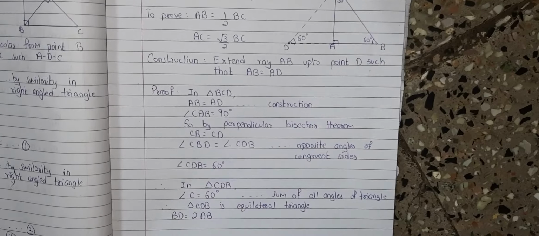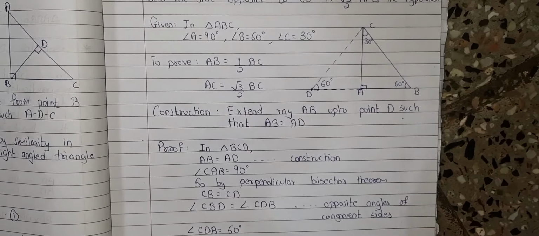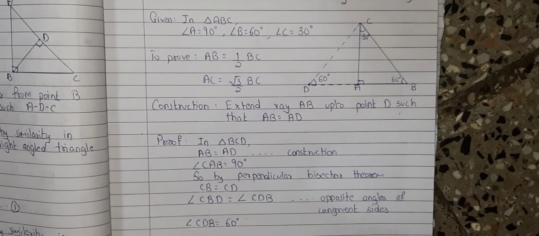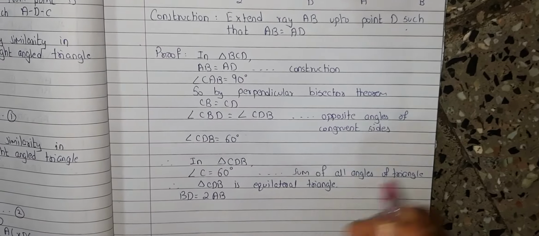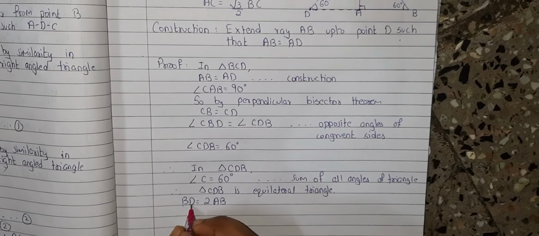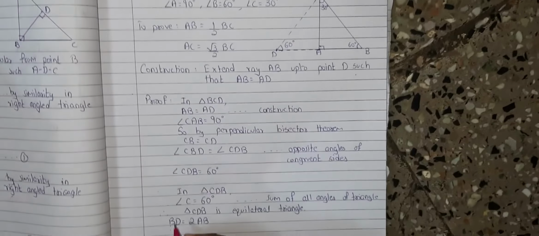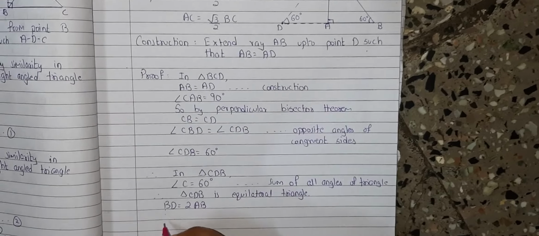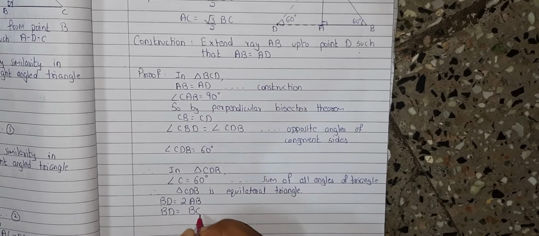So now we will consider the side opposite to 30 degree, that is AB. Now we will replace side BD by BC, because these two sides are equal as it is an equilateral triangle. So BD is equal to BC.